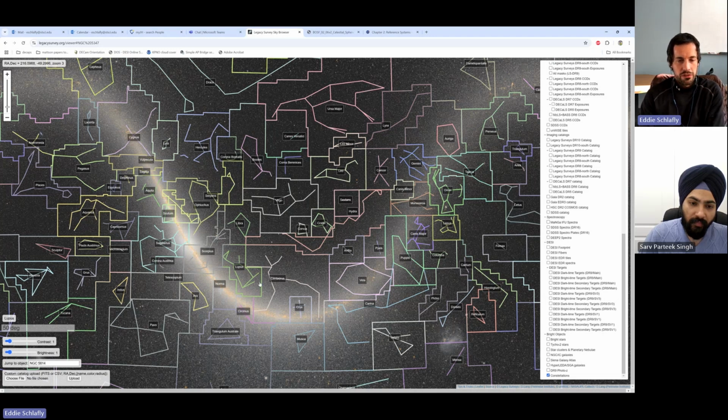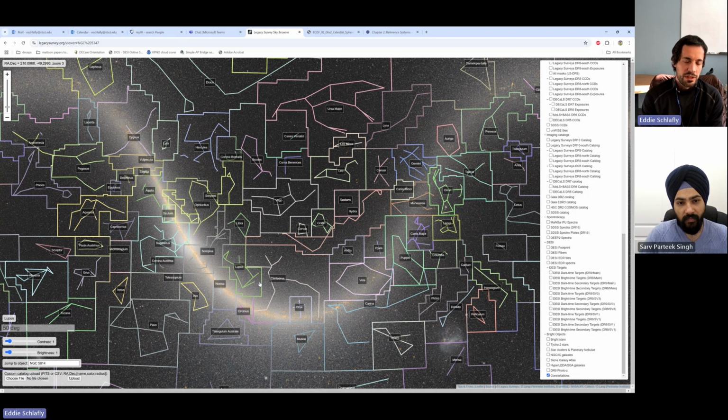When I think of HEALPix, it is to me closer to something like the Mercator projection versus the Robinson projection, all of these different ways of presenting how you want to smush an image to fit on your screen.